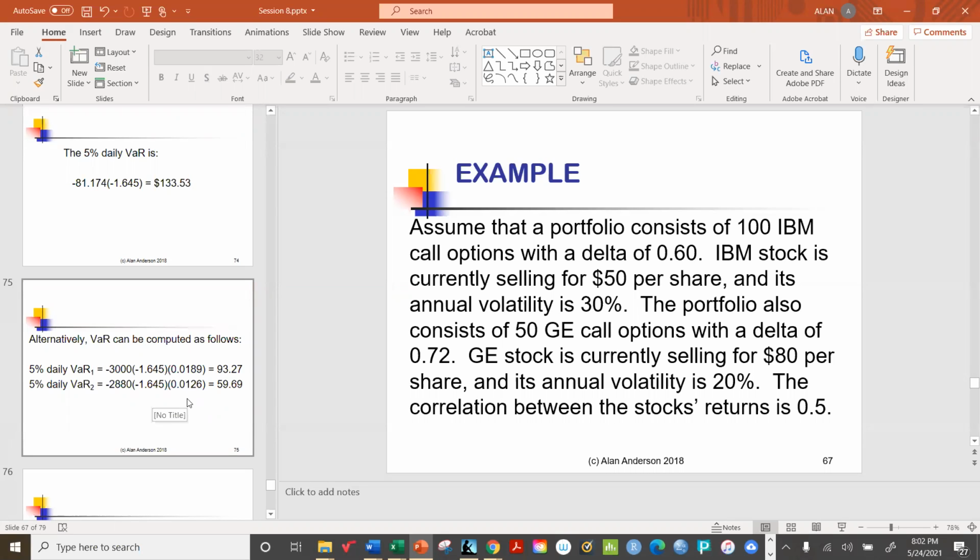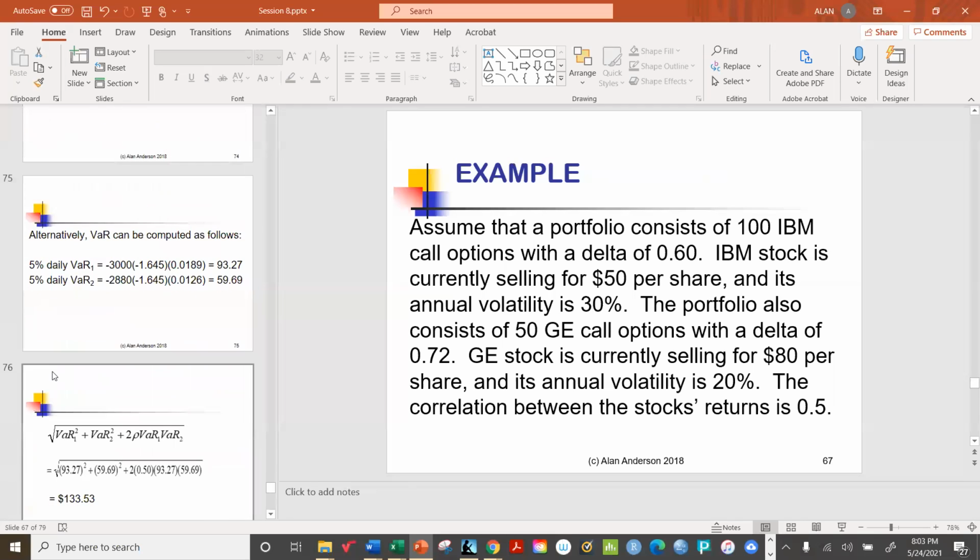The volatility is 30% per year. We also have 50 GE call options, each with a delta of 0.72. The GE stock is selling for $80 a share, and the volatility is 20%. Furthermore, the correlation between the returns is 0.5. What we'd like to do is calculate the VAR of a portfolio that consists of these two options.